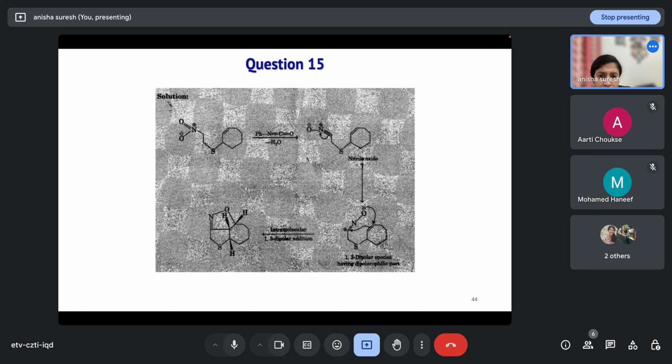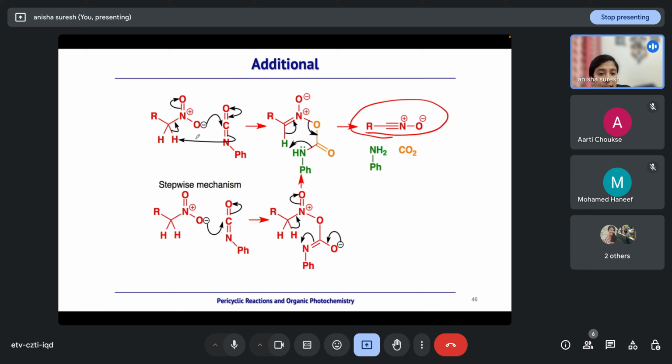But as per the mechanism, it should be removal of CO2, I guess. Maybe from this system they are considering like H2O is getting removed. But overall, it is like removal of these two, CO2 and PhNH2. Maybe with respect to this, a molecule of water is getting removed because two hydrogens and one oxygen are getting removed.